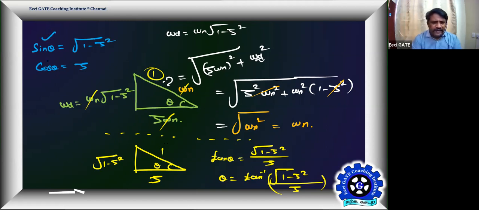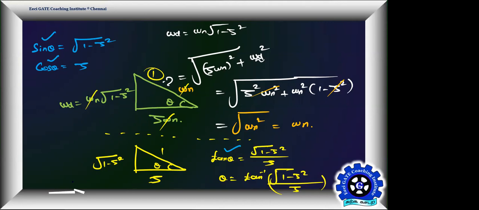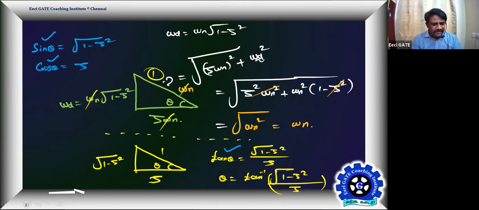So I have given sine theta, cos theta, and tan theta. Which one is easy to remember? Tan theta is root of 1 minus zeta square by zeta. Which expression is easy to remember?